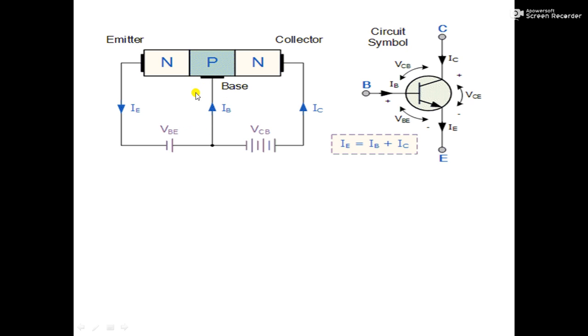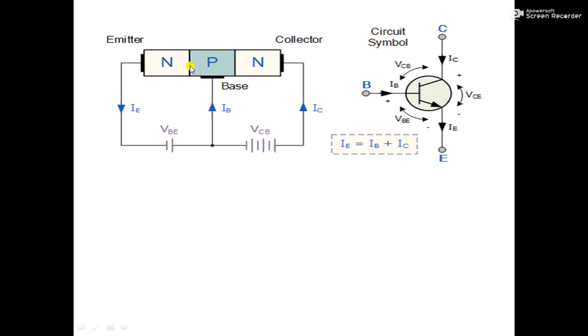The emitter region is heavily doped, the base region is lightly doped, and the doping of the collector region is light, or maybe in between the doping of these two regions, the highly doped emitter region and the very lightly doped base region. The doping must be intermediate between these two dopings.